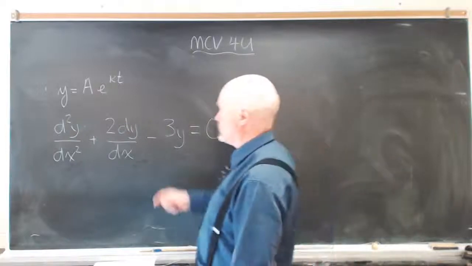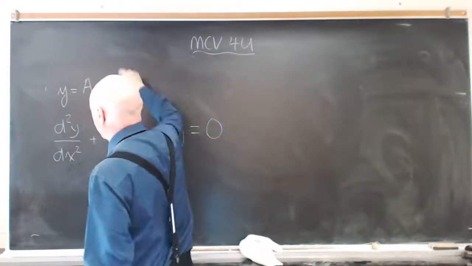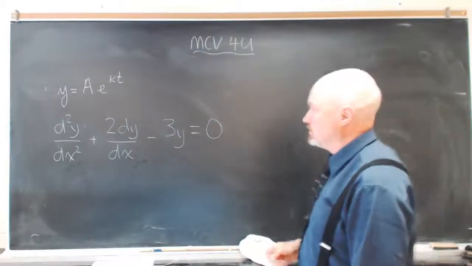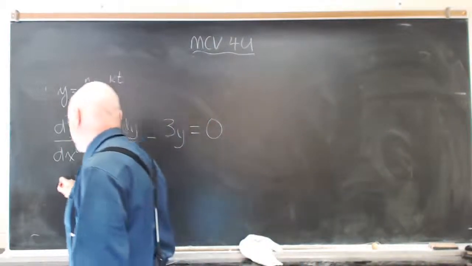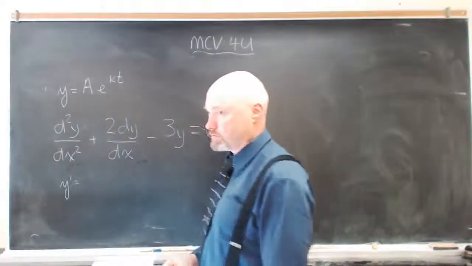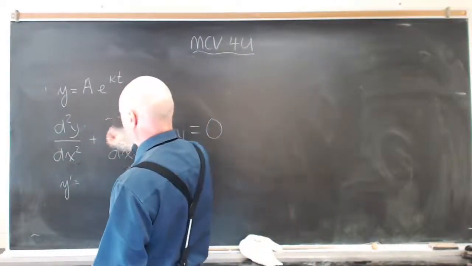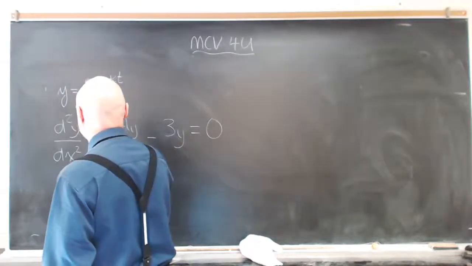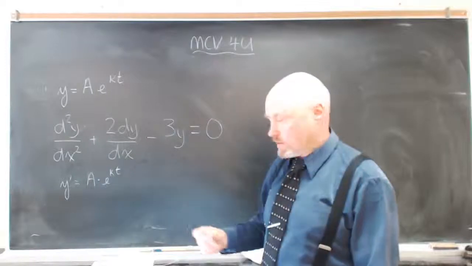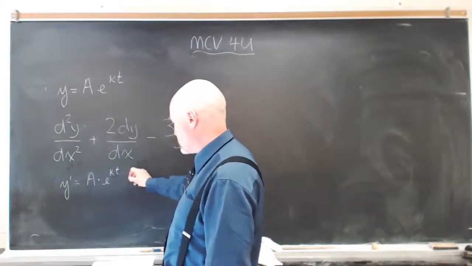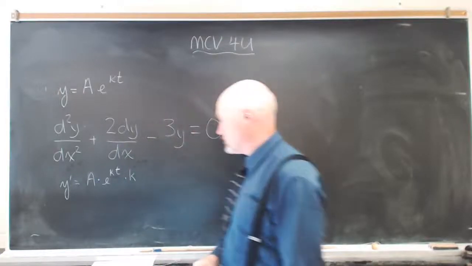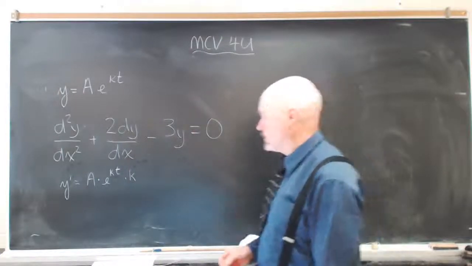So really what we need to do, if this is our function up here, y equals capital A times e to the exponent kt, we need to take the derivative. And of course it's pretty easy because it's A times e to the kt, because it's the exponential function. And then we just have to do the chain rule on the kt part. So it's times k.